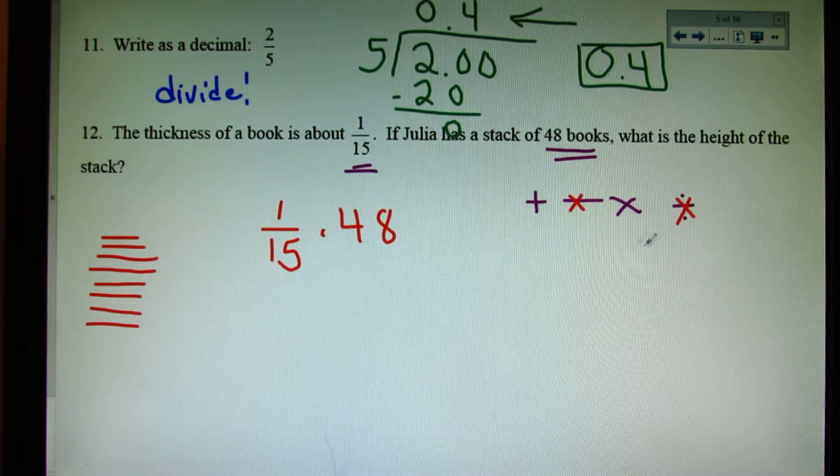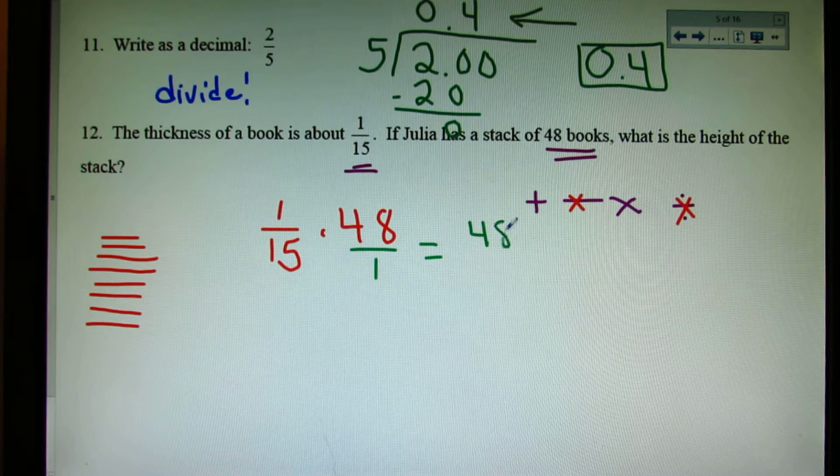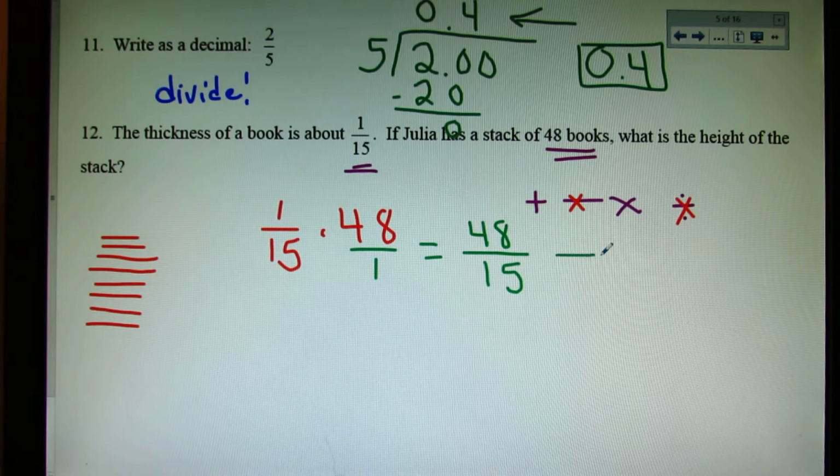In order to multiply, I'm going to need to change 48 into looking like a fraction so I can multiply these two fractions. 48 can be represented by a fraction by just putting it over 1. And now I'm going to multiply straight across. 48 times 1, 48. 15 times 1, 15. And if you really want to know what this is, you can just put it in the calculator. In the calculator, your final answer is 3.